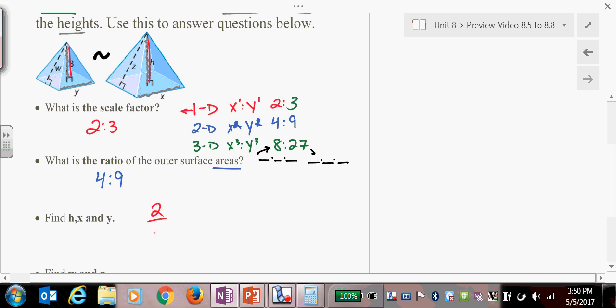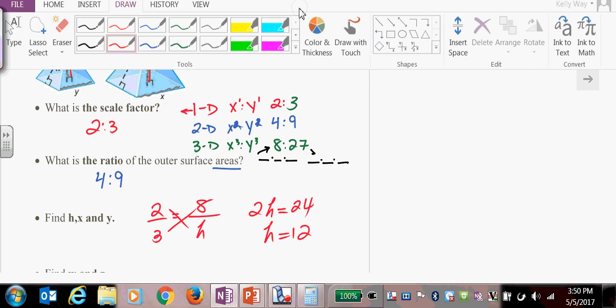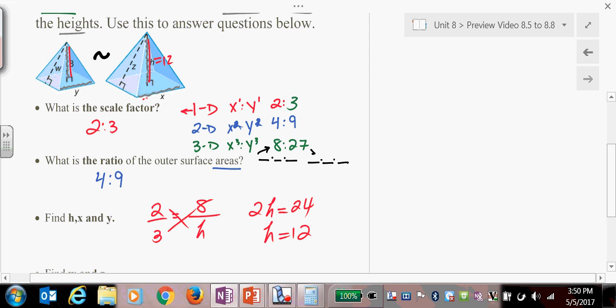So we're going to use 2 over 3 equals 8 over unknown h. Cross multiply. So we just figured out that h is 12. If h is 12, x is 12, and y is 12.